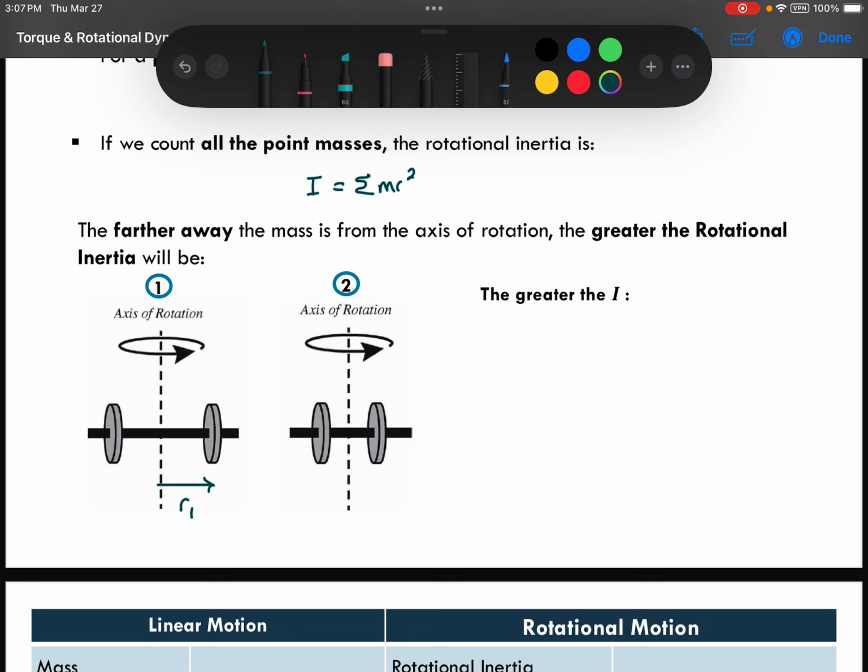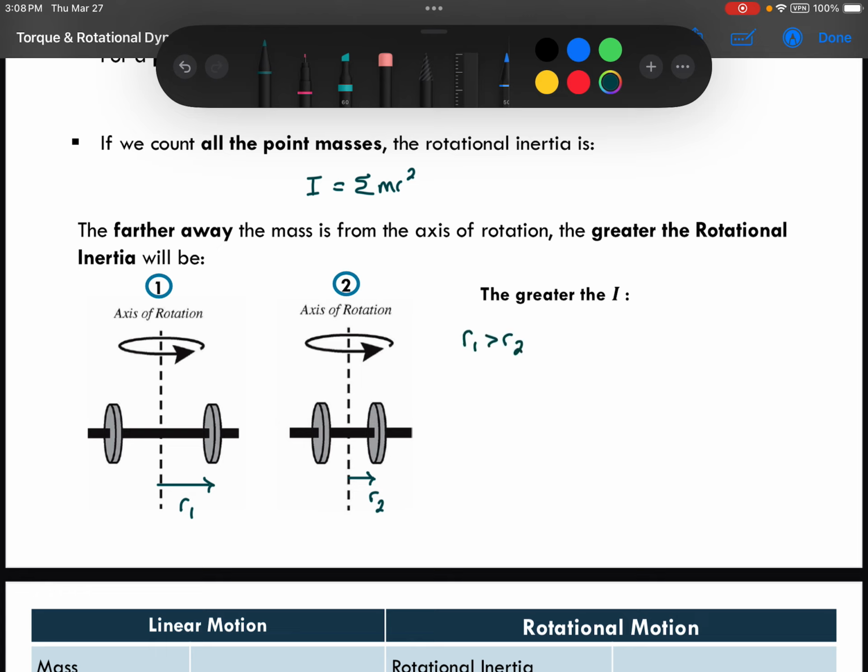In the second example, it's a similar setup, 2 point masses, but now they're a distance r2 away from the axis of rotation. And visually, if this is to scale, we can see that r1 is greater than r2.